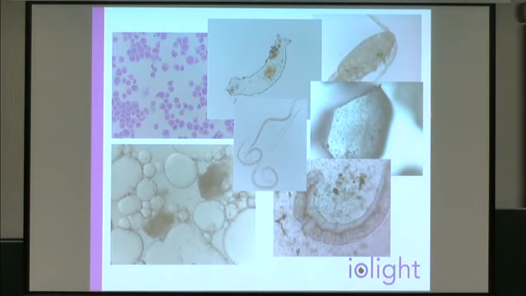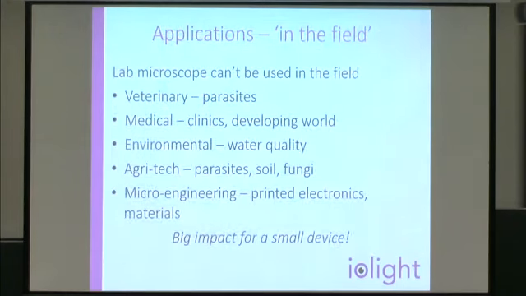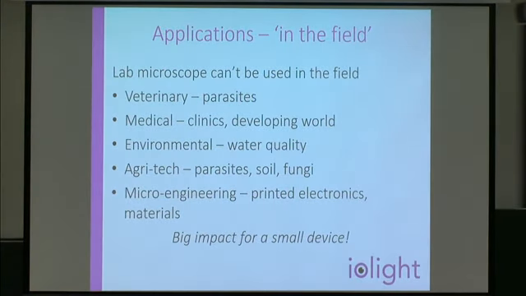Some crystals, some educational applications, pond dipping, all sorts of wondrous pond life you can see there, some emulsions in the food tech industry, and in the middle some intestinal worms from animals, showing the veterinary applications.